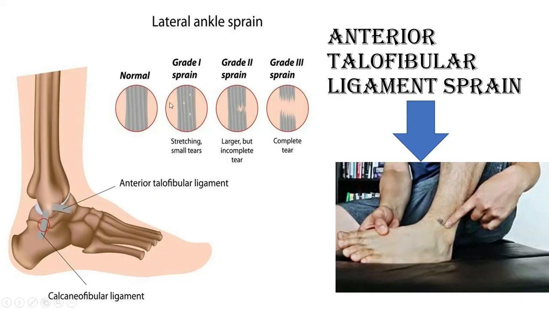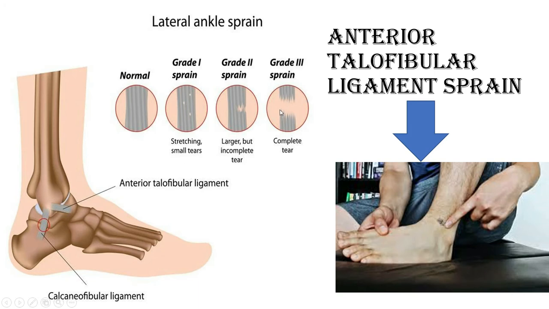Regarding the most common ankle injury, the ankle sprain, there are three grades. Grade 1 is just stretching of the ligament. Grade 2 is with partial tearing or incomplete tear of this ligament, and grade 3 is associated with complete tear along with some bony avulsion that may be found. This group of ankle sprain will show laxity of the joint, and that must be addressed by suture anchor operation.